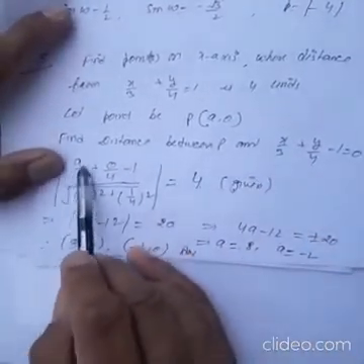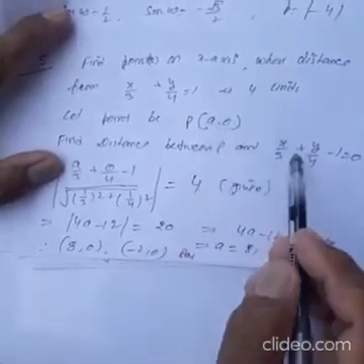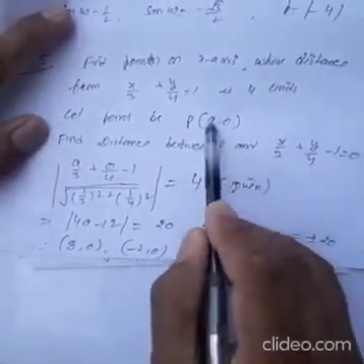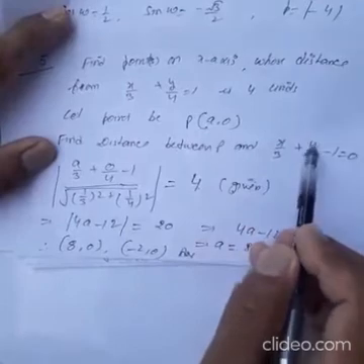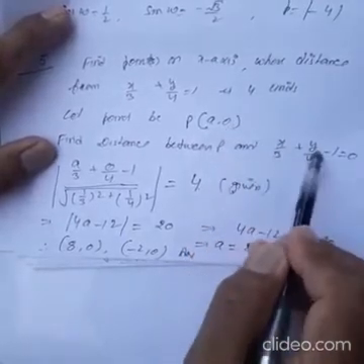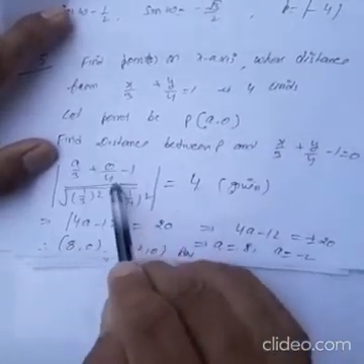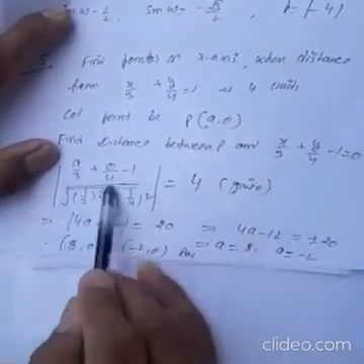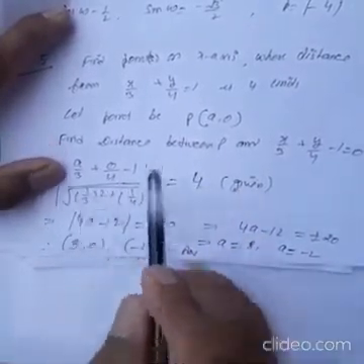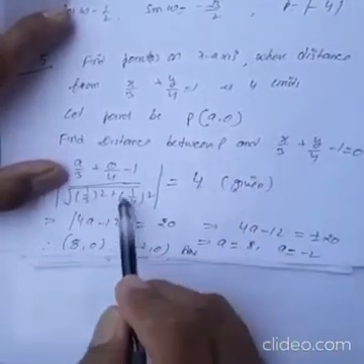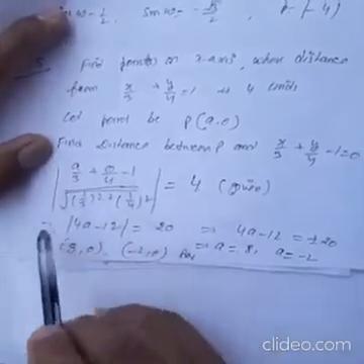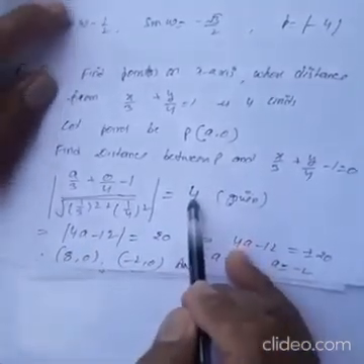We replace x by the x coordinate of the point and y by the y coordinate, that is 0, so mod of a upon 3 plus 0 upon 4 minus 1, divided by the square root of 1 upon 3 squared plus 1 upon 4 squared. This is equal to 4, as given to us.